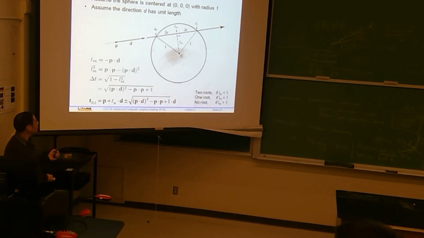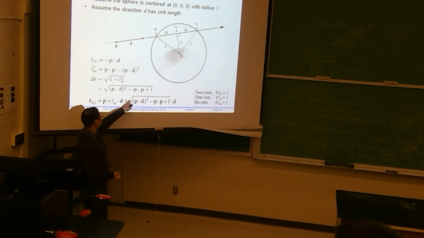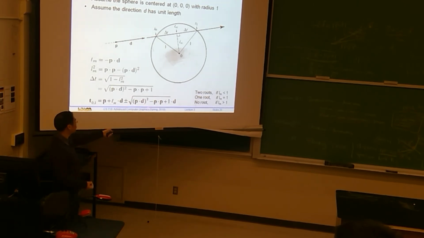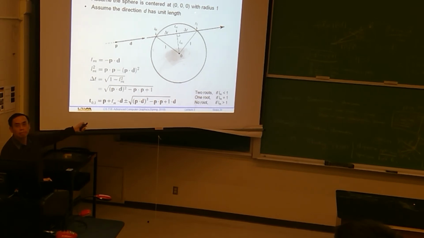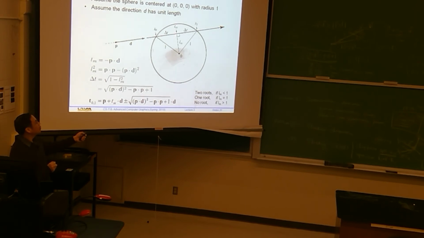Yeah. So then just at the bottom function, why is there the dot product D at the end? This one? Oh, because this whole thing here, this square root, is the delta T. Delta T is simply the length of the segment, right? If you want to get the point, it should be this point plus the vector, right?